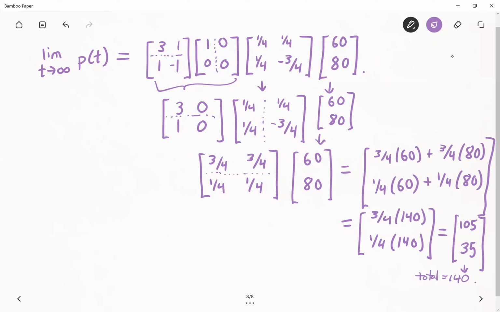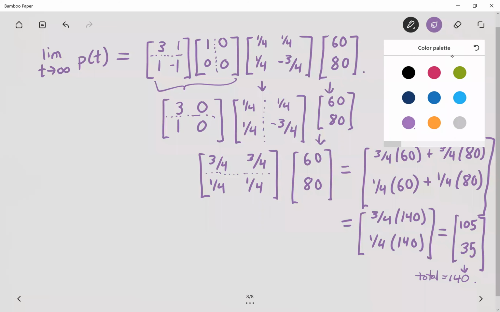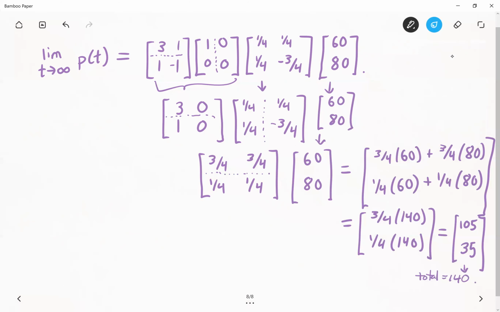One thing I would like to call your attention to is, what if we had started with a different distribution between the two islands, again keeping the same population? Maybe I'll switch colors for this. Note that the long-term behavior only depends on the total population, not on the initial distribution of that population at time 0.